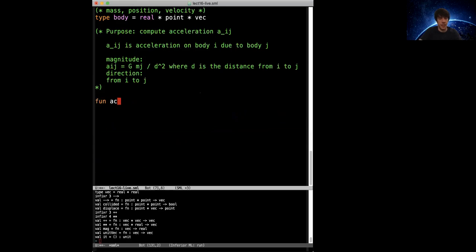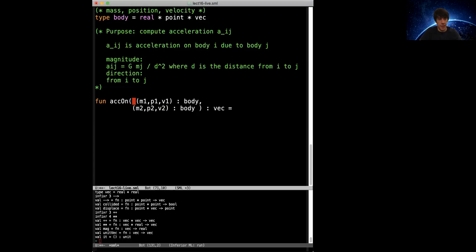Well, let's call it acceleration_on, and it's going to take in mass 1, position 1, velocity 1, which is a body, and mass 2, position 2, velocity 2, which is a body. And what should acceleration_on return? Well, it should return an acceleration vector.